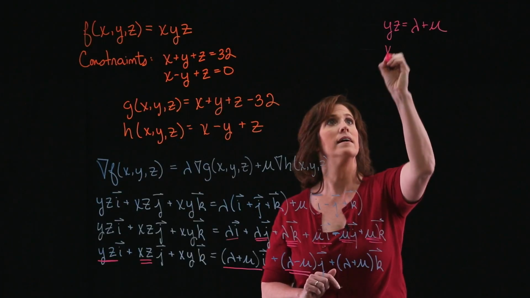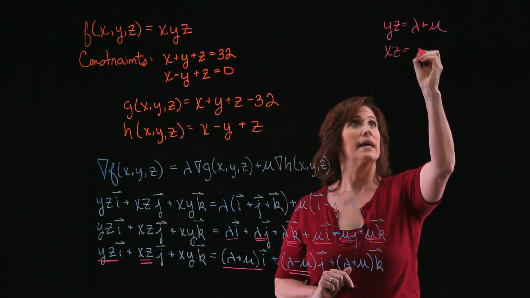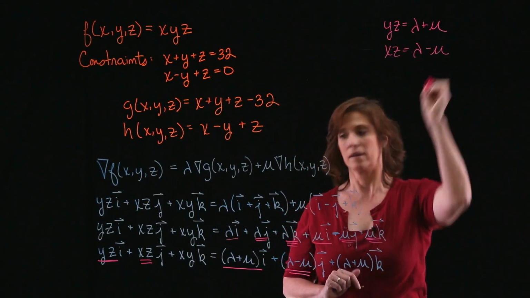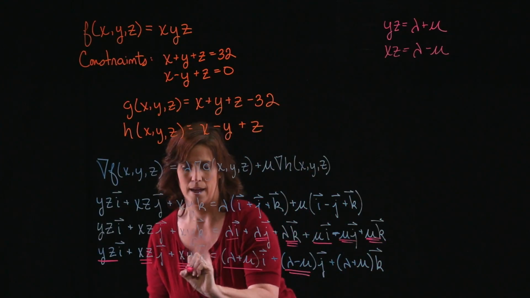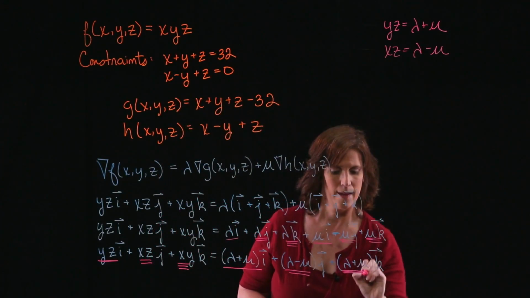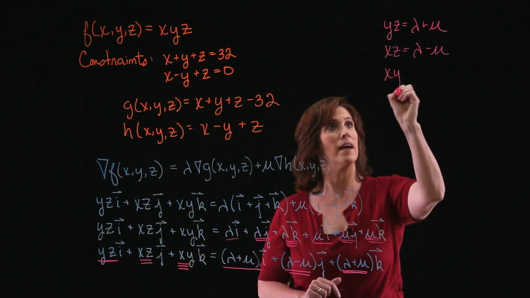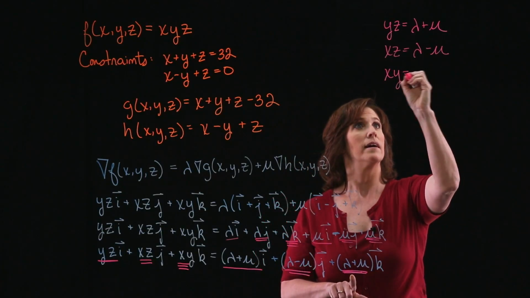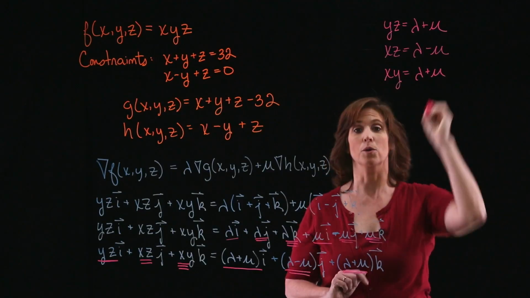So xz is lambda minus mu. xy has to be the same thing as lambda plus mu.